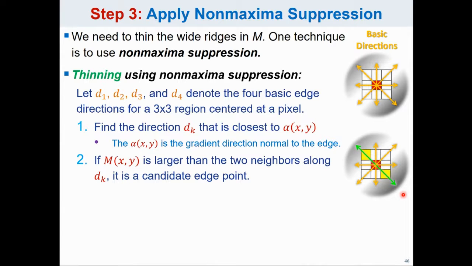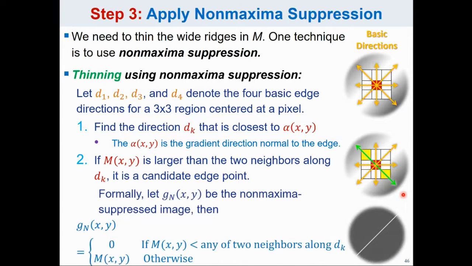And I will ask this question: is the M value of this point greater than the M value of these 2? Now, M is the magnitude of the gradient vector. It represents the strength of the pixel in the image. So if this value is greater than these 2, this is the best one of all 3, so it keeps it.